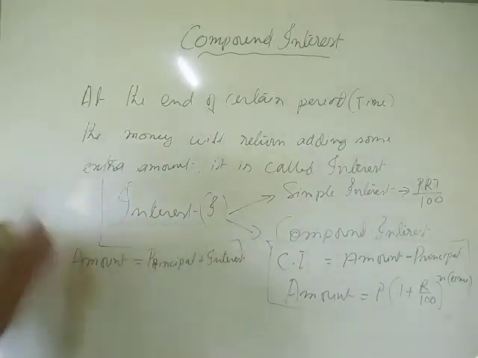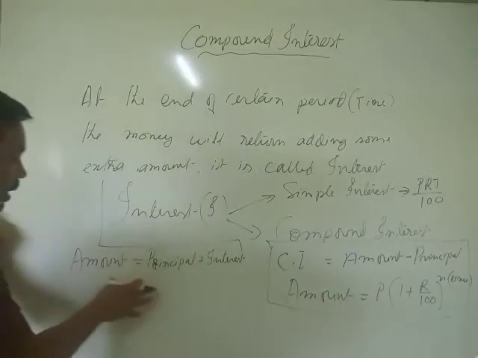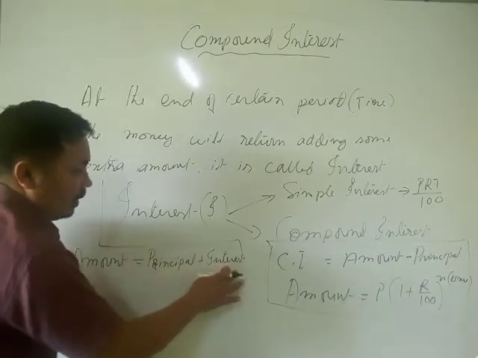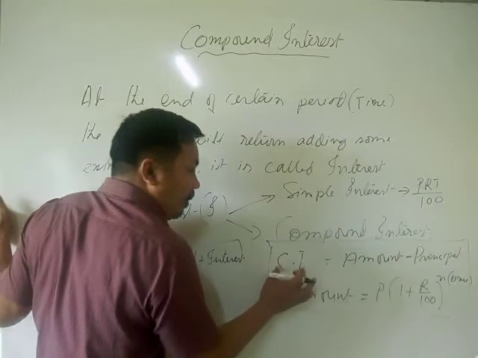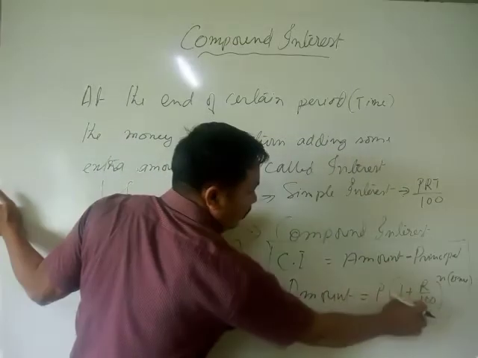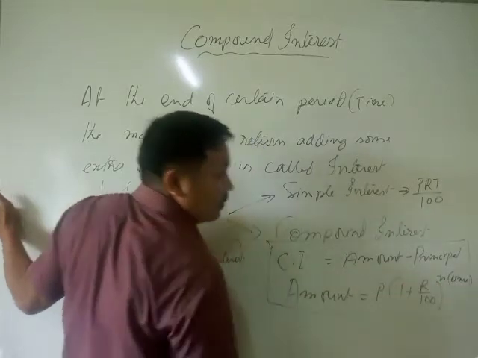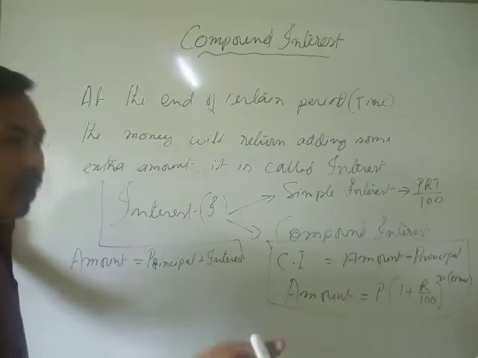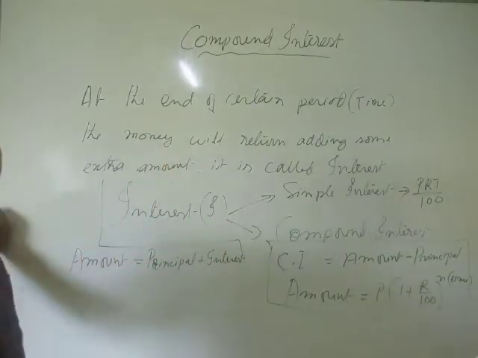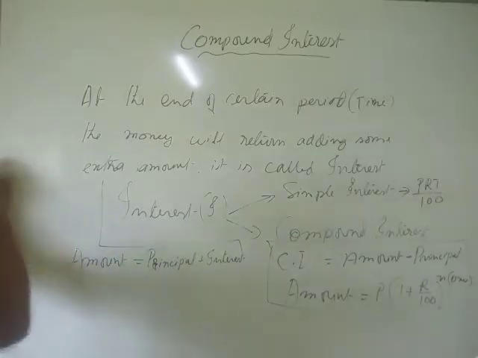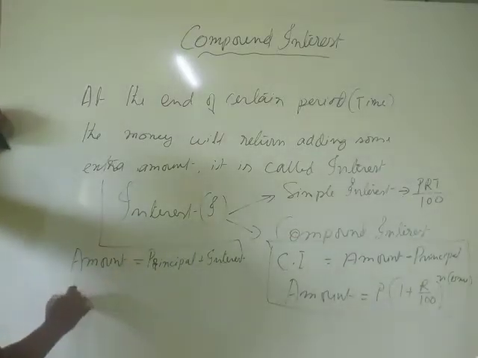But in compound interest, the amount will be P into 1 plus R over 100 to the power n. N is the time, number of periods or number of years, for how many years the money is to be borrowed. And now guess, what is the principal?